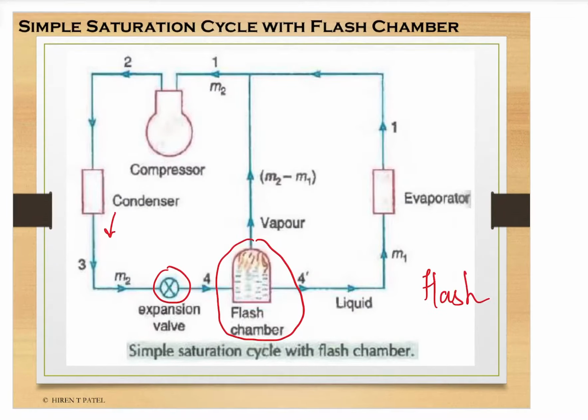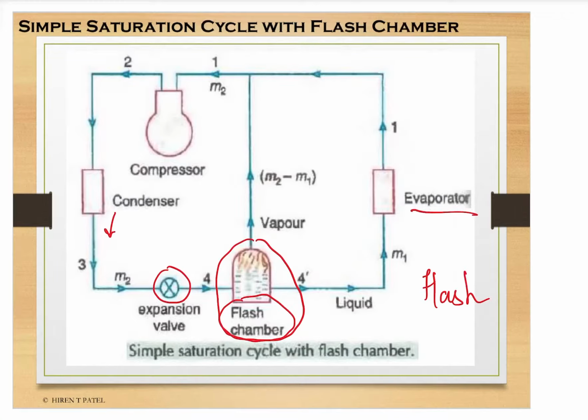The vapor generated during the expansion is known as flash, and removal of that flash occurs inside the flash chamber, as this flash is of no use in the evaporator. It is not going to produce the refrigerating effect because it has no ability to absorb heat. So additional equipment known as the flash chamber is attached into the cycle.